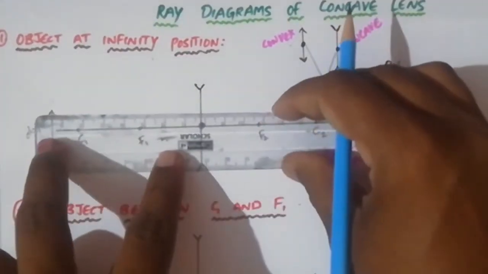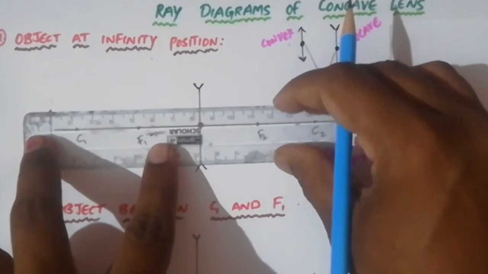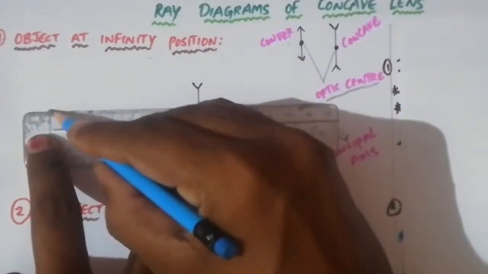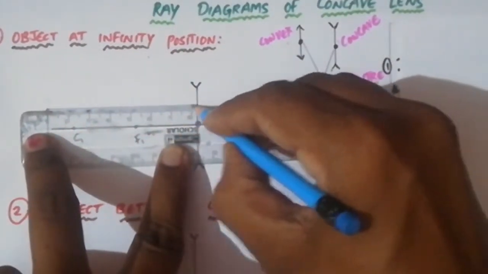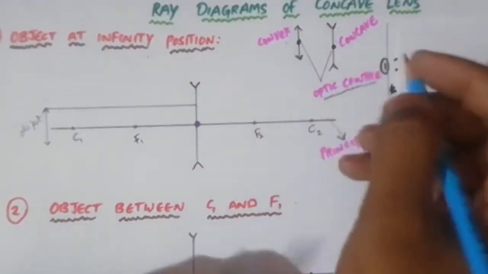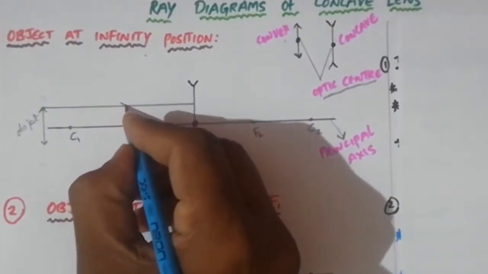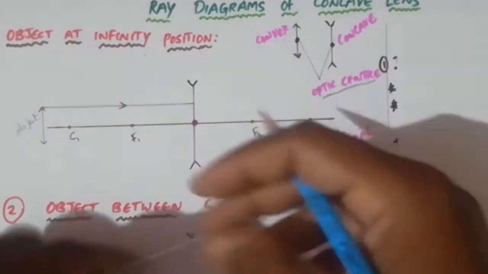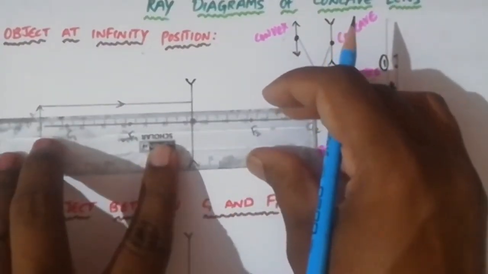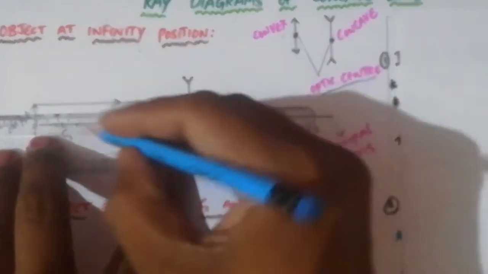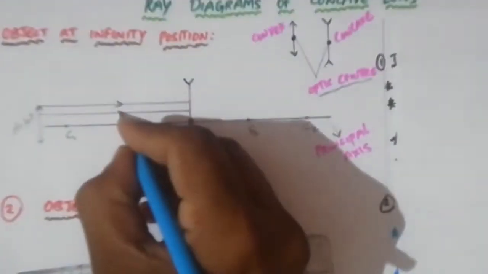Pass the horizontal rays onto the surface, that means the concave lens. These are the incident rays. One more ray I am taking, the same horizontal above the principal axis.